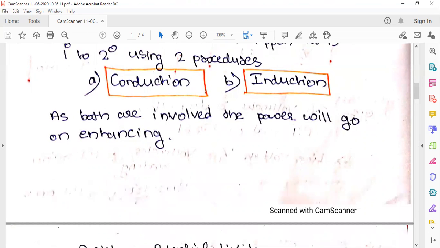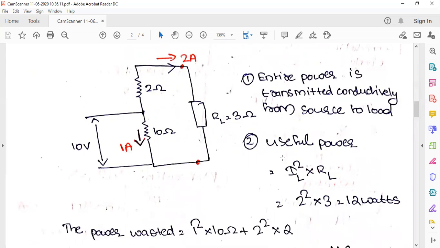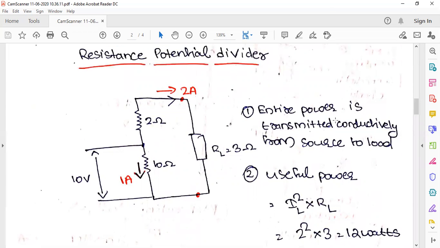Before we move into the induction effect, we will see how a resistance potential divider works, because you need this concept to understand the autotransformer. Here the entire power is transmitted conductively from source to load.